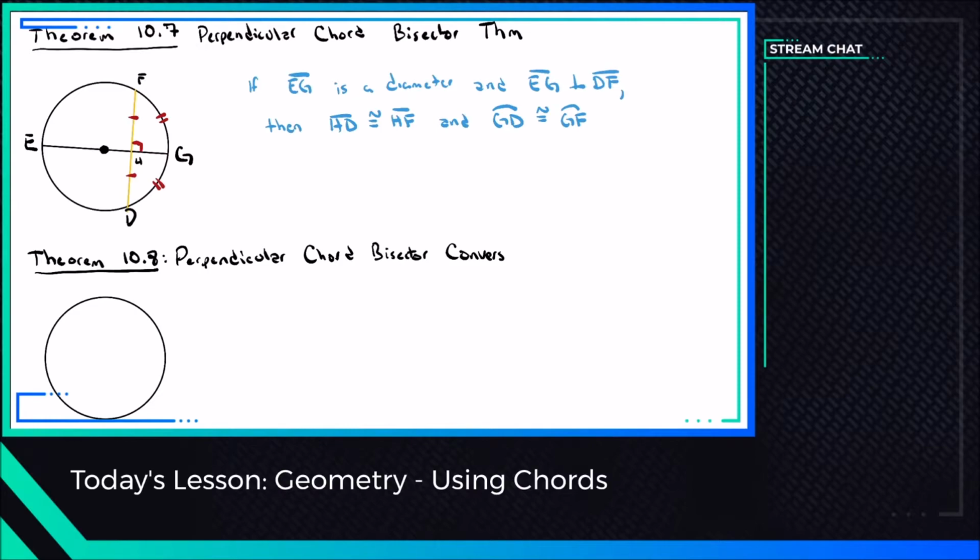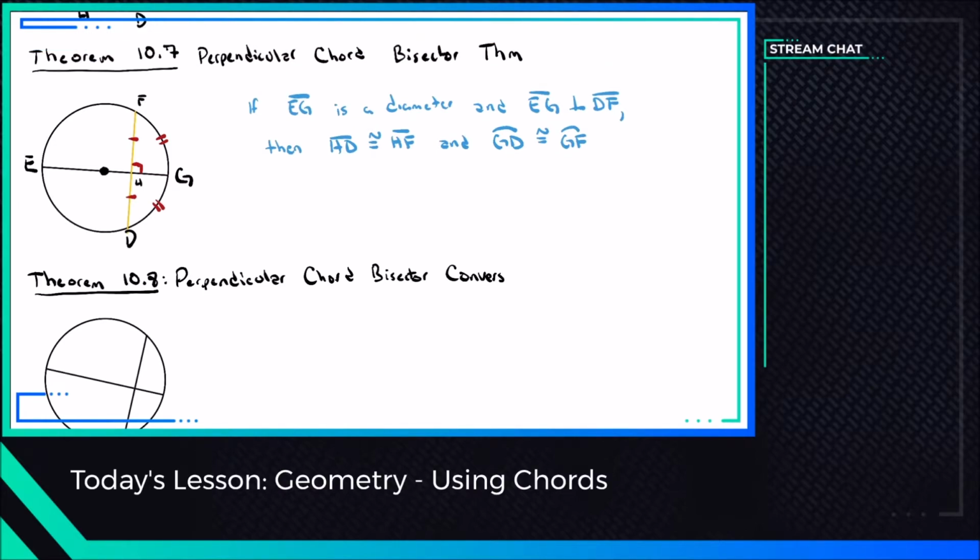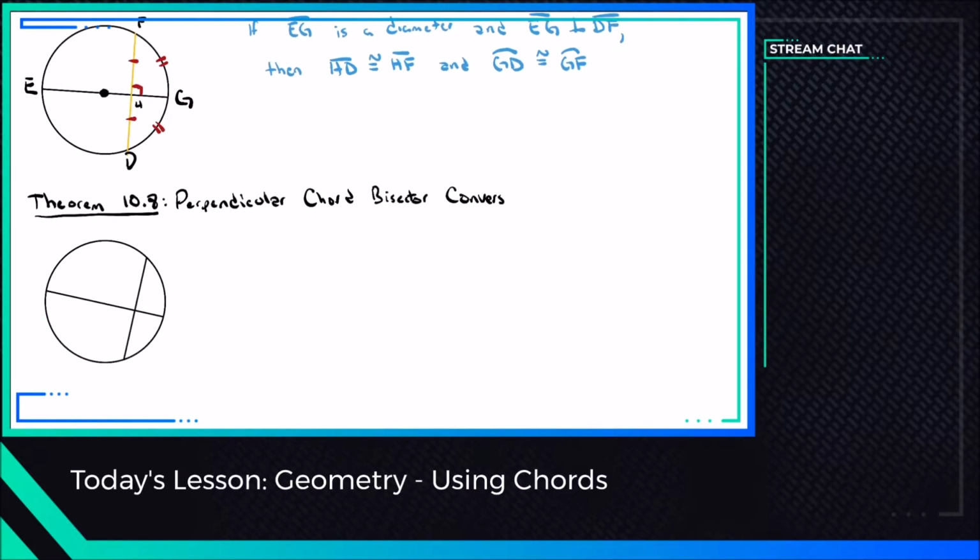So here is our circle. We have our diameter going across like so, and our chord going just like that. And all we're given is that this is a right angle and those two segments are congruent. Might be helpful to draw in some more points there.